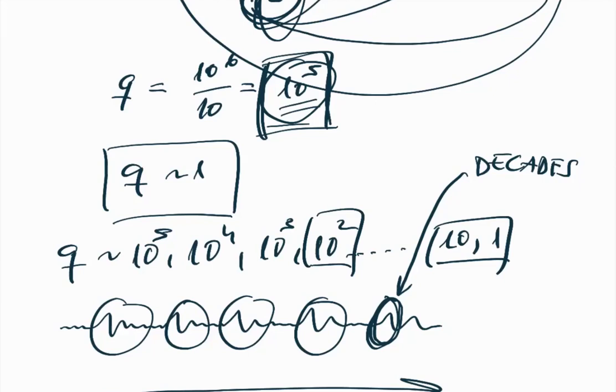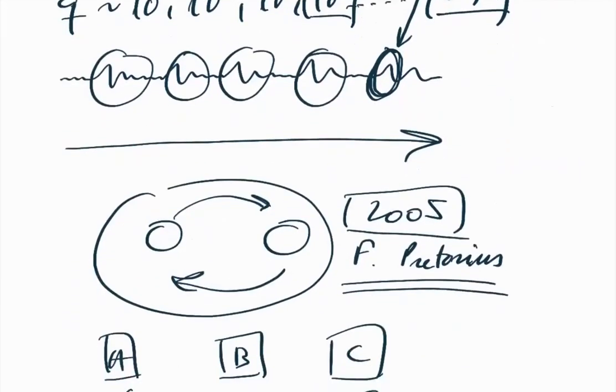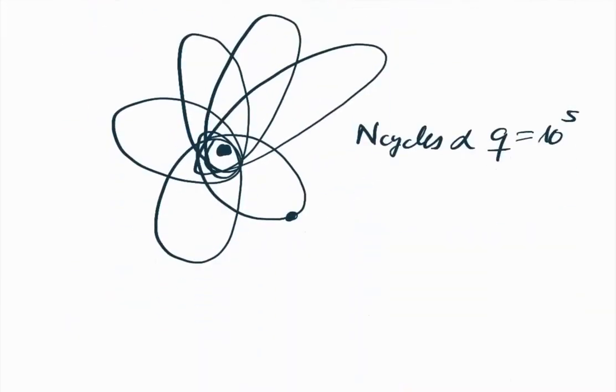But what happens when you move in a different direction? So if you go to mass ratios in which this particle here, the small object, becomes lighter and lighter, you will have mass ratios of 10 to the 7, 10 to the 8, 10 to the 9, etc. So this small particle over here becomes more and more a kind of test particle, like a speck of dust, if you want.